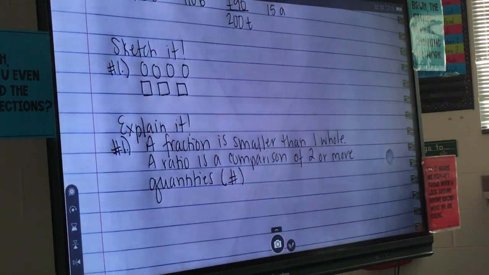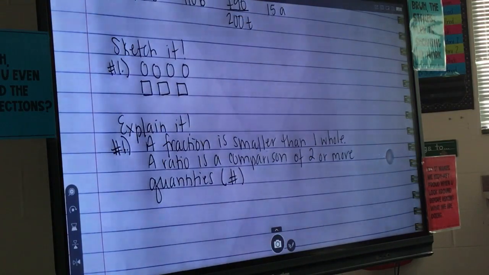You are independently working. You are not working with your partners on these because you really shouldn't need to. I don't know. We'll see. And you're going to be rotating.